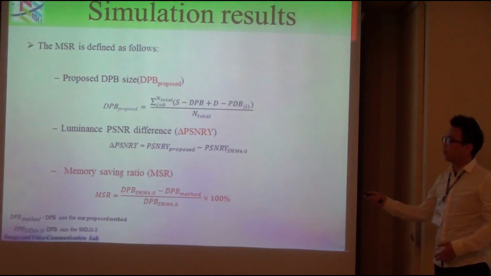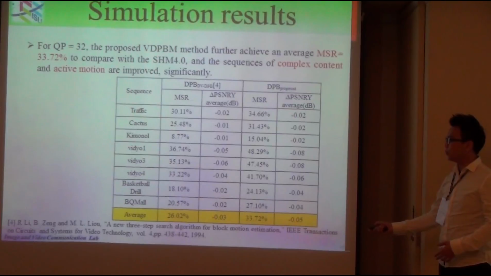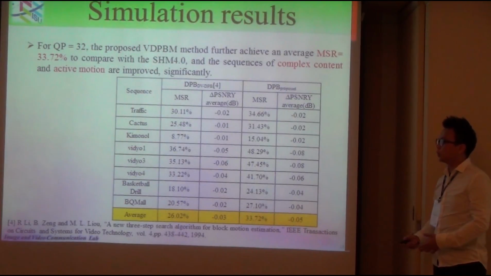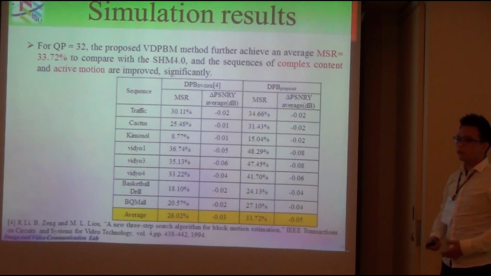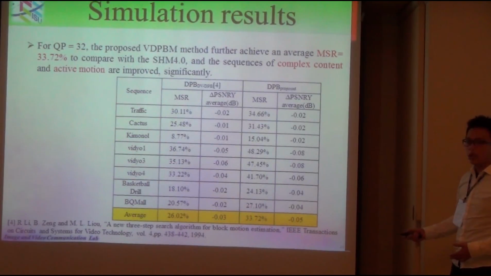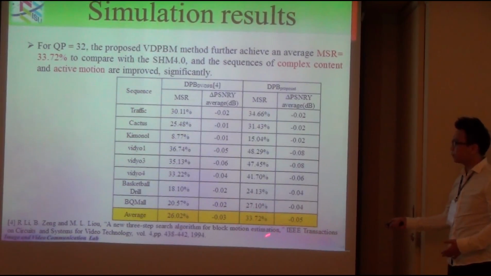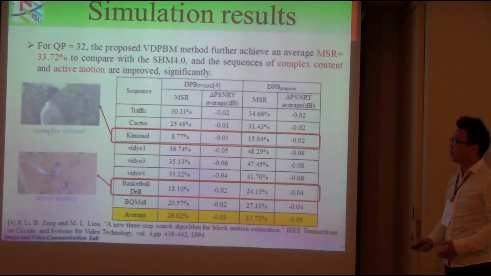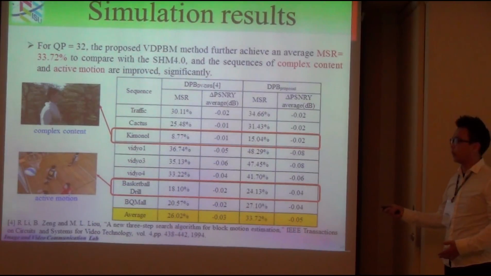The NSR is defined as follows. For QP equal to 32, the proposed VD-DPB method further achieves an average NSR equal to 33.72% compared with the SHM 4.0. And the sequences with complex content and active motion are improved significantly.